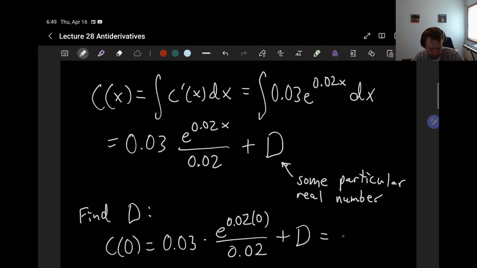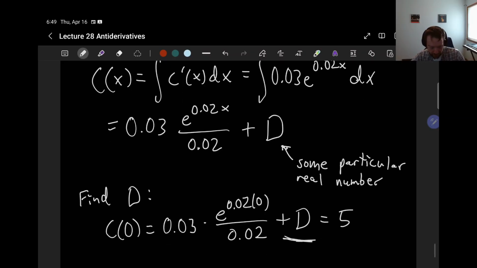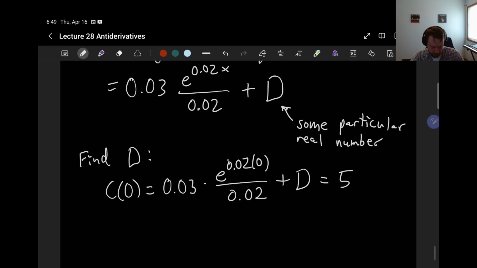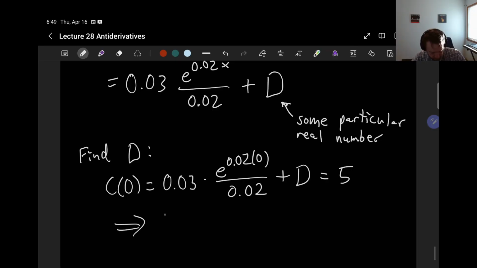I know that this whole thing must be $5. And now this is how we can find that missing constant. So e to the 0 power is 1. So I'm still left with this 0.03 divided by 0.02.